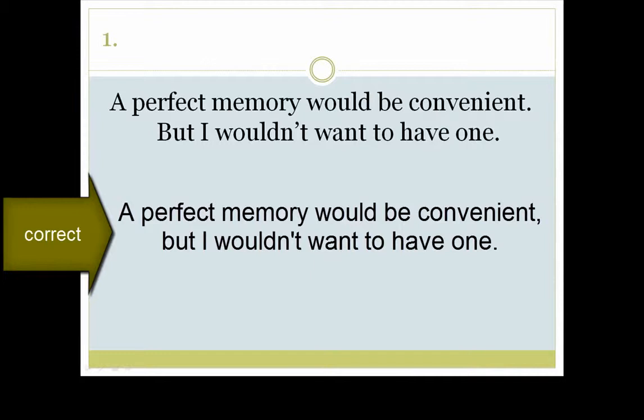Okay, the pattern is to join two independent clauses together with a comma and a coordinating conjunction. But is a coordinating conjunction. You will not always see a comma before a coordinating conjunction, especially in very short clauses, but that's the pattern. The common pattern is to use comma, conjunction.